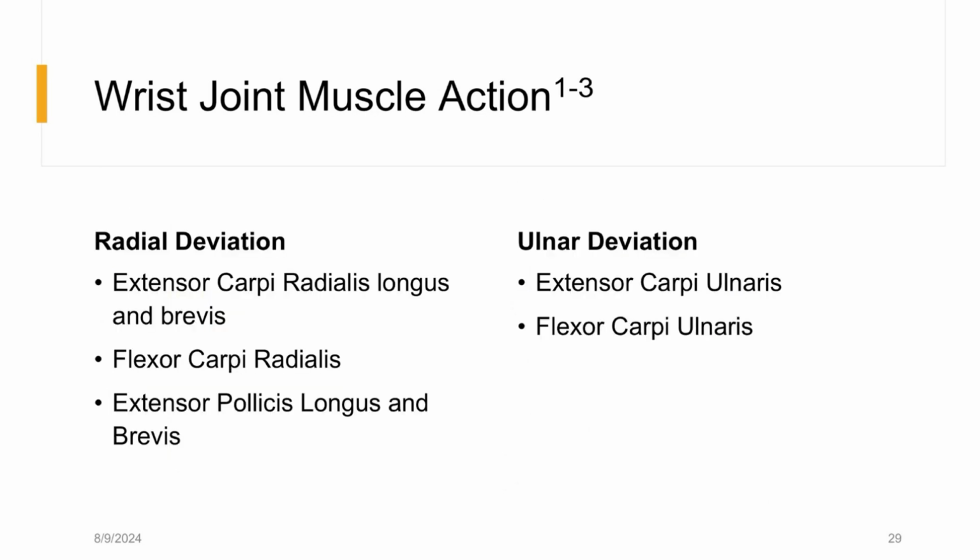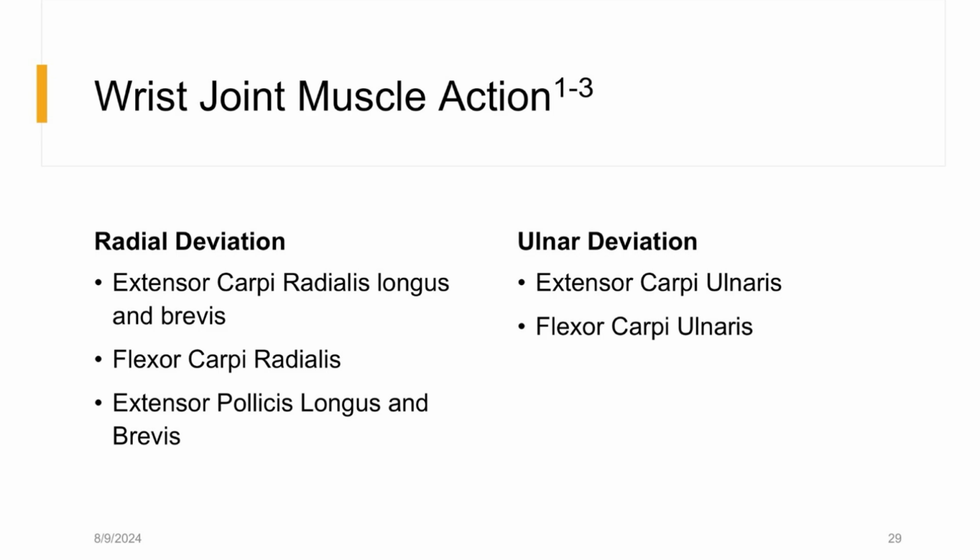And so again, we talked briefly about radial deviation. You have extensor carpi radialis longus and brevis acting with flexor carpi radialis. Now, the extensor pollicis longus and brevis does play a role, but not the majority of it. So when you see questions like which muscles are most responsible for, you would see questions like that with most highlighted.